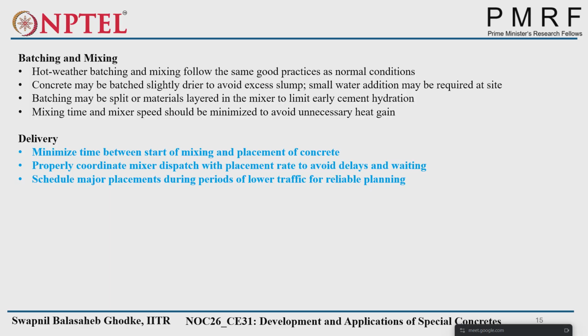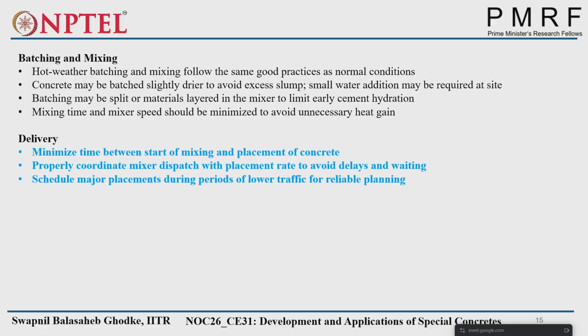Properly coordinate mixer dispatch with placement rate to avoid delays and waiting, and schedule major placements during periods of lower traffic. Suppose you have the RMC plant at half a kilometer, and you are expecting a 75 slump.